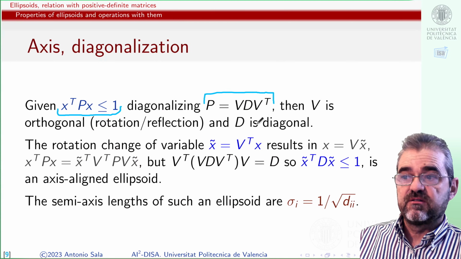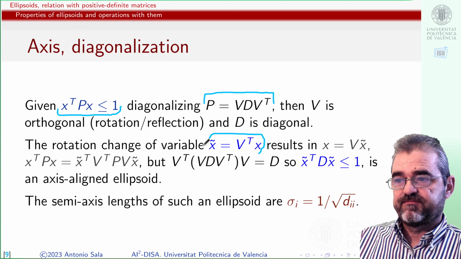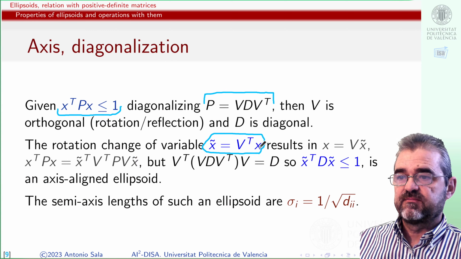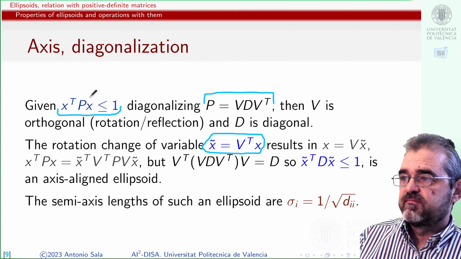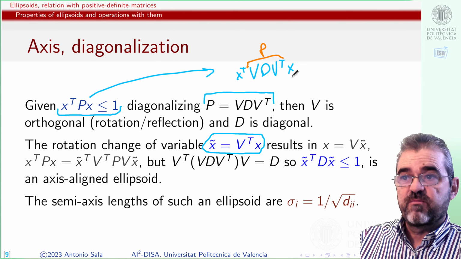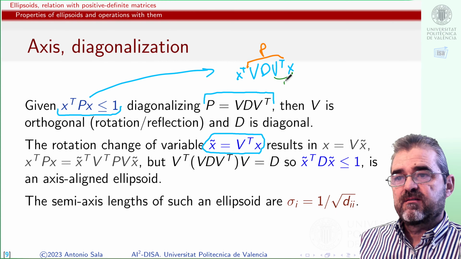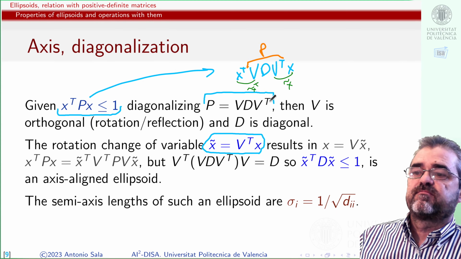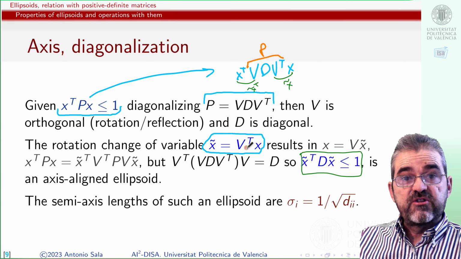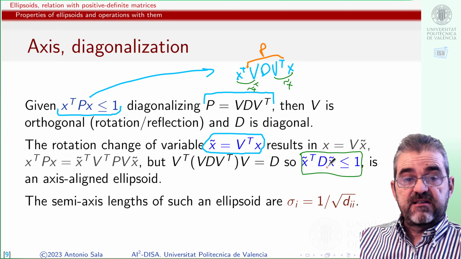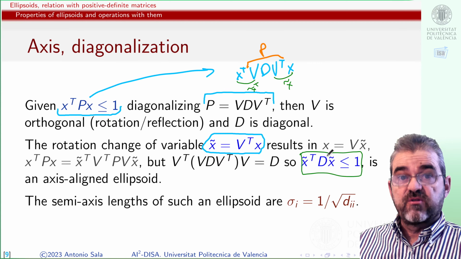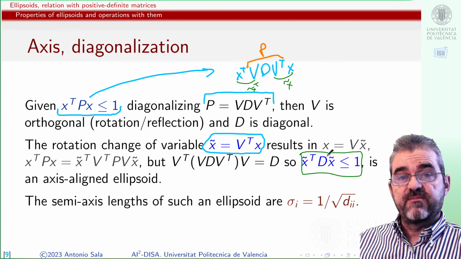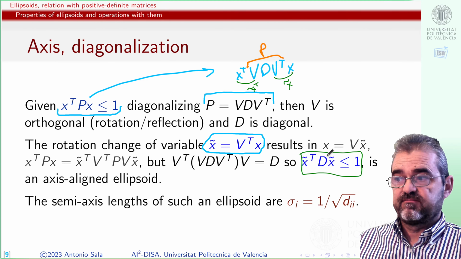Of course, the reversal in algebraic terms is that if I diagonalize and make this change of variable, then this x transposed P x, this is tilde x, and this is tilde x transposed. So with this rotation, we get an axis-aligned ellipse. So this gives insight on the meaning of the diagonalization with symmetric positive definite matrices.